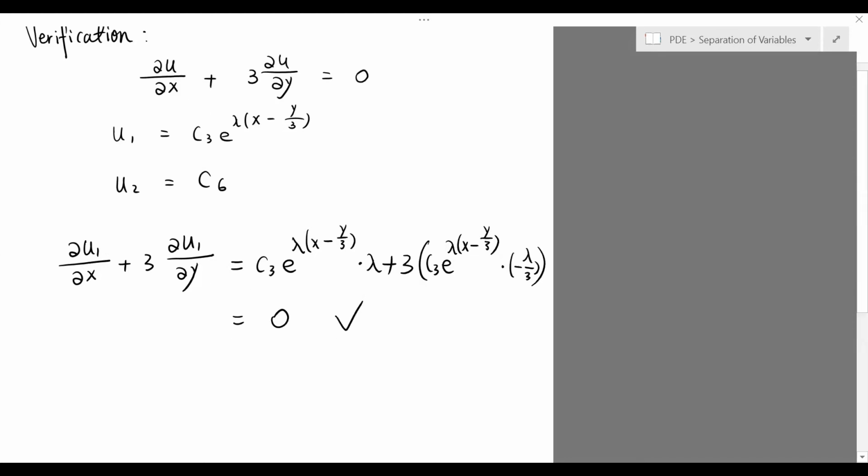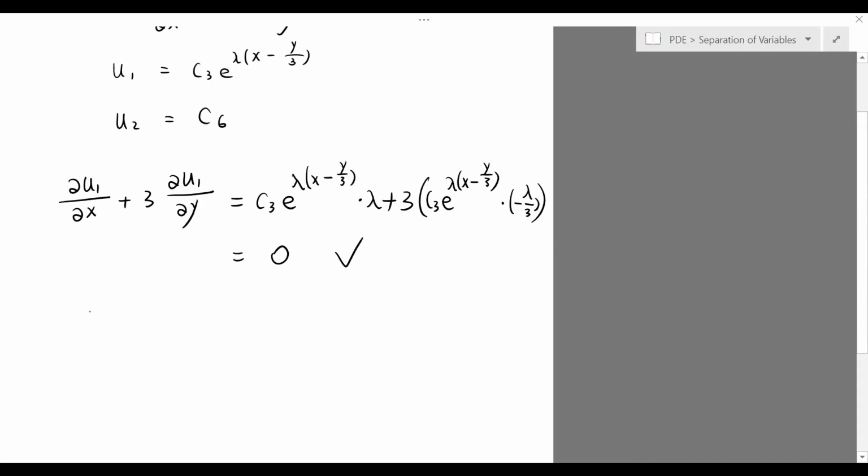And you could do the similar thing to the second solution. In fact, in our case, it's even simpler, because the second solution is in fact a constant. So both of those two partial derivatives are just 0. So we just end up with the sum of a bunch of zeros.